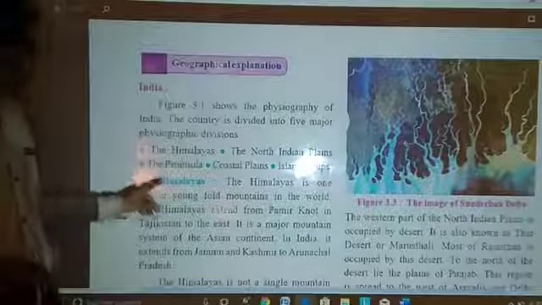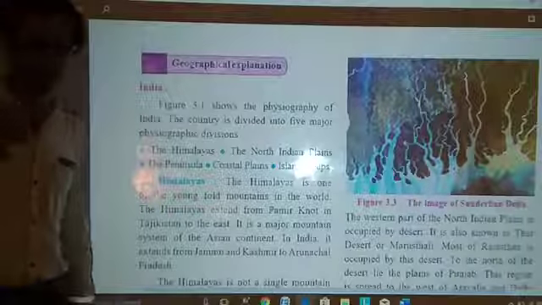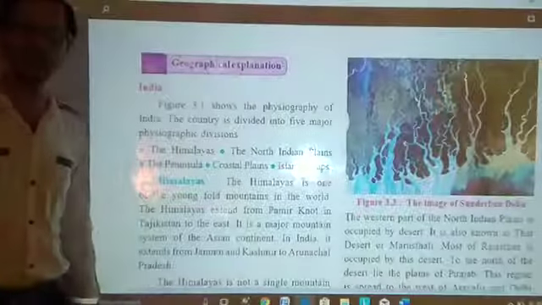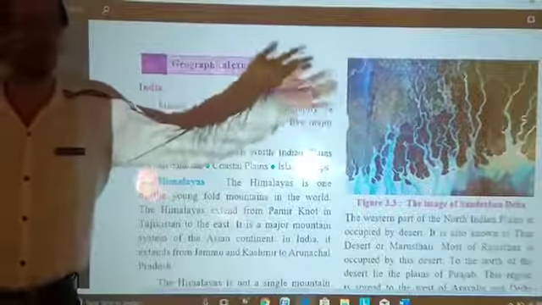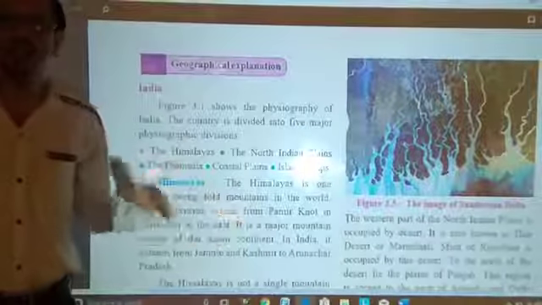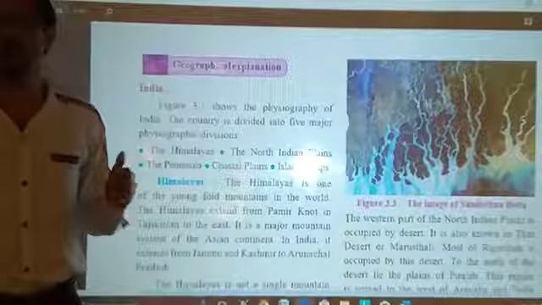Now Himalaya. First one is nothing but the Himalayas. We know it acts as a barrier to the southwest monsoon winds which flow from Kerala towards the Indian mainland.